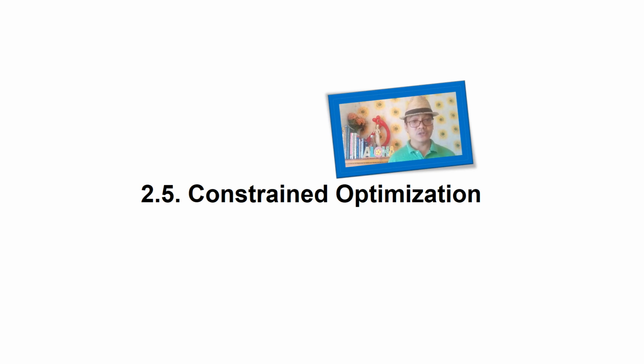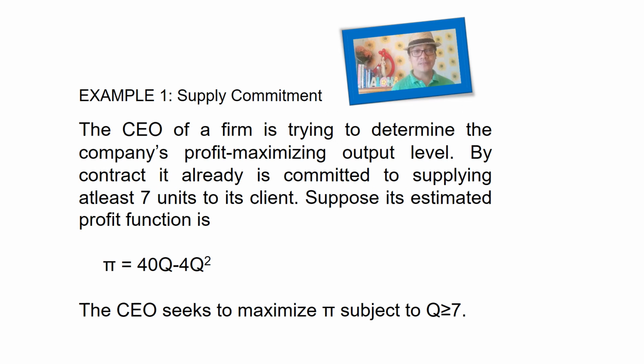Frequently, decision variables can be changed only within certain constraints. Here's an example about supply commitment. The CEO of a firm is trying to determine the company's profit maximizing output level. By contract, it already is committed to supplying at least 7 units to its client.